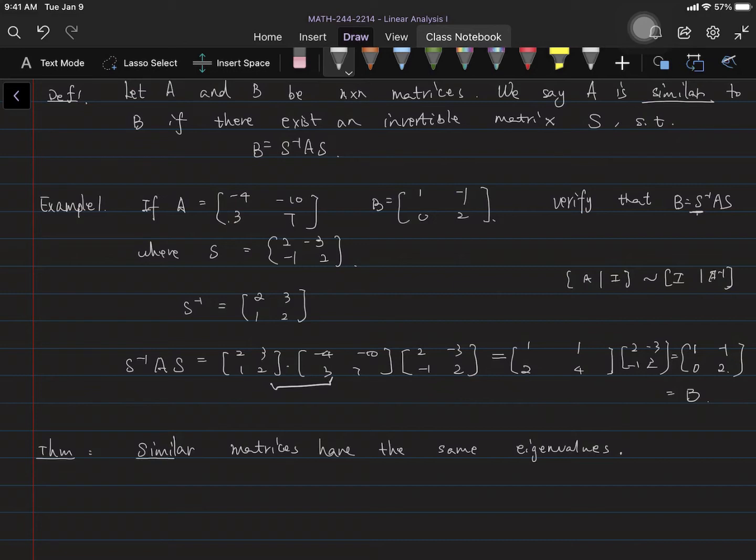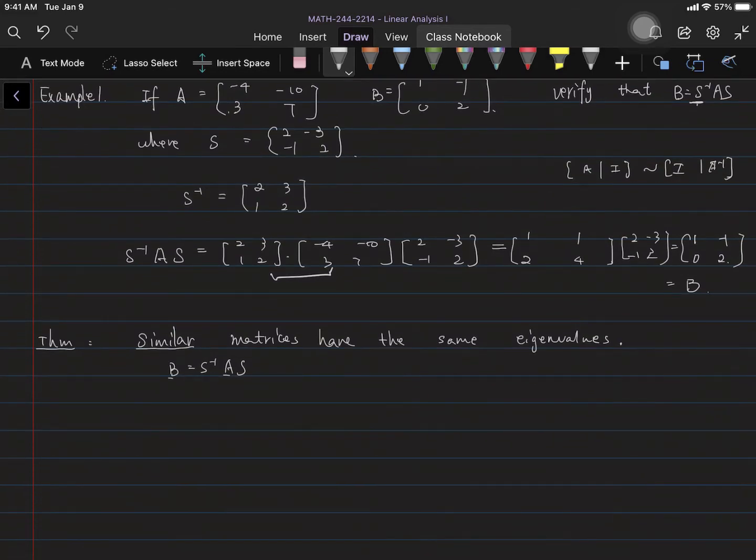Similar matrix means what? Means B equals S inverse AS. They have this kind of relationship. And now let's see, how do we calculate eigenvalues? Do you still remember? So the eigenvalue for B should be determinant of B minus lambda I, and make this equal 0.